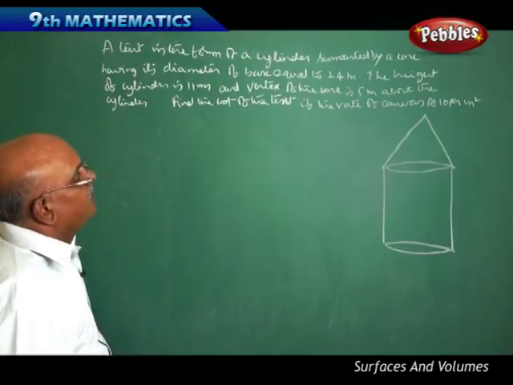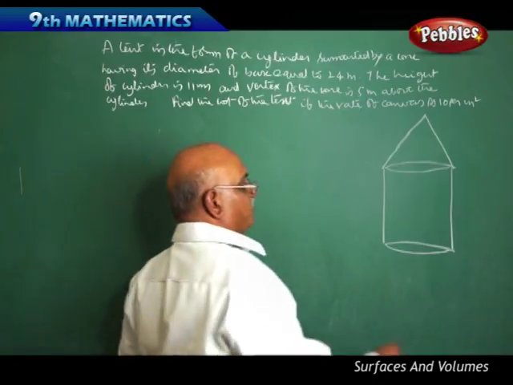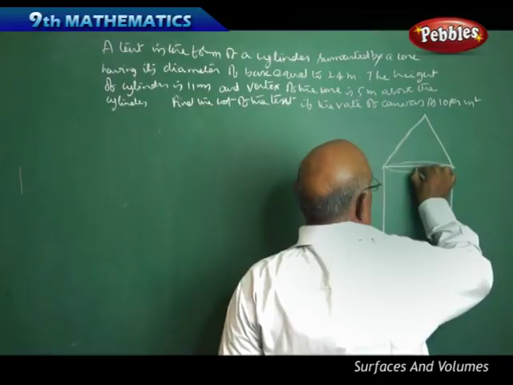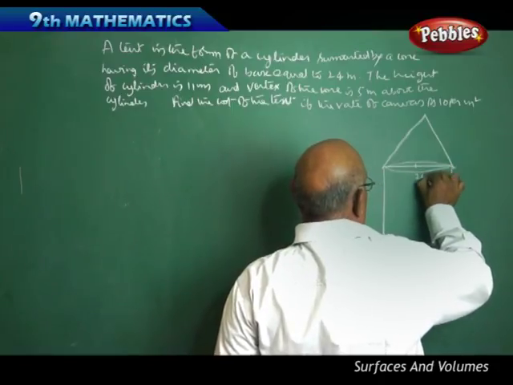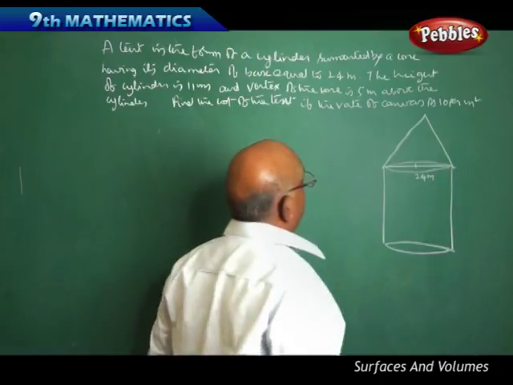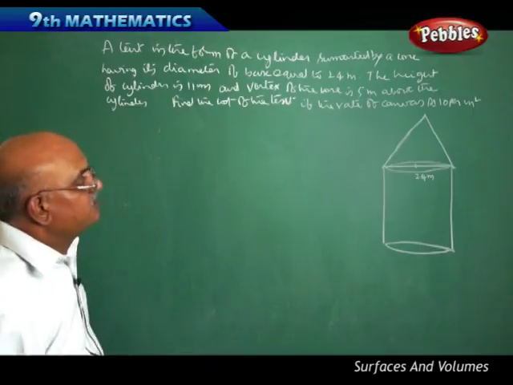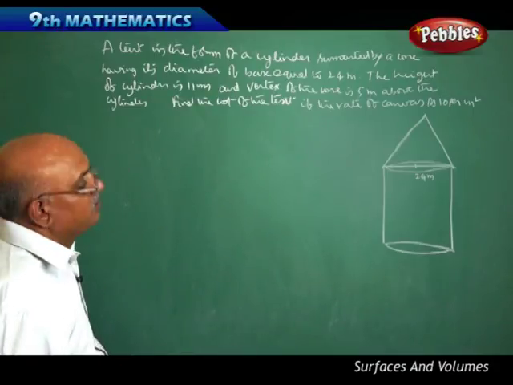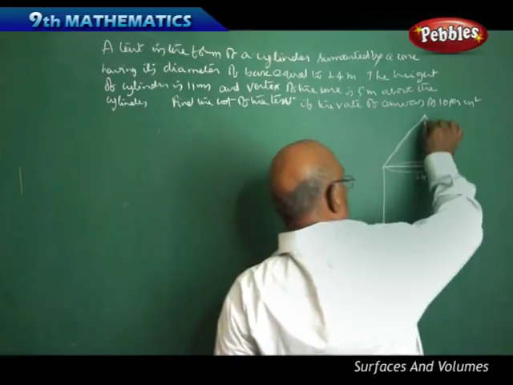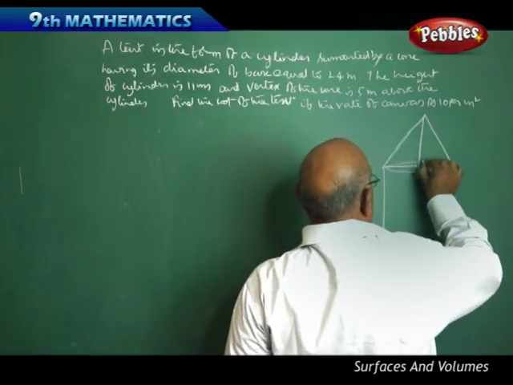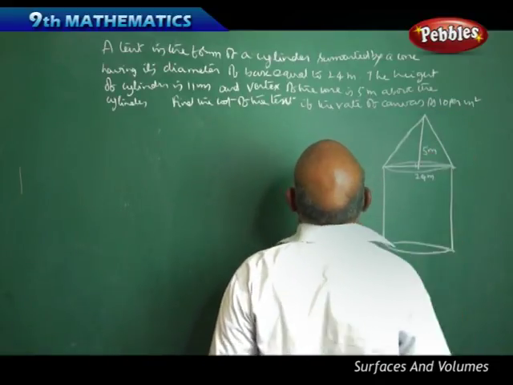The diameter of the base is equal to 24 meters, and the vertex of the cone is 5 meters above the cylinder. That implies this height is given as 5 meters.